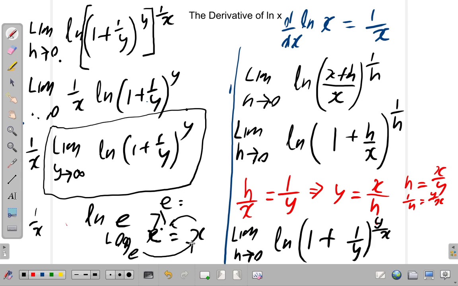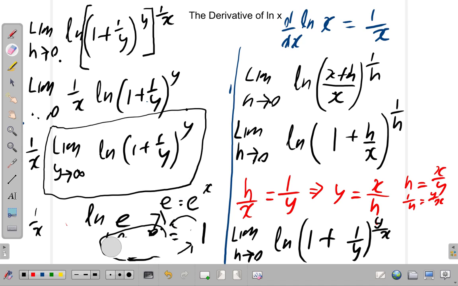E raised to the x will give you this, but x would have to be 1. So therefore, ln e would be 1. The natural log of e would be 1. Alright? Because if x is 1, let me erase this and put the 1 there. If this becomes 1, and this is ln e, then ln e is 1.